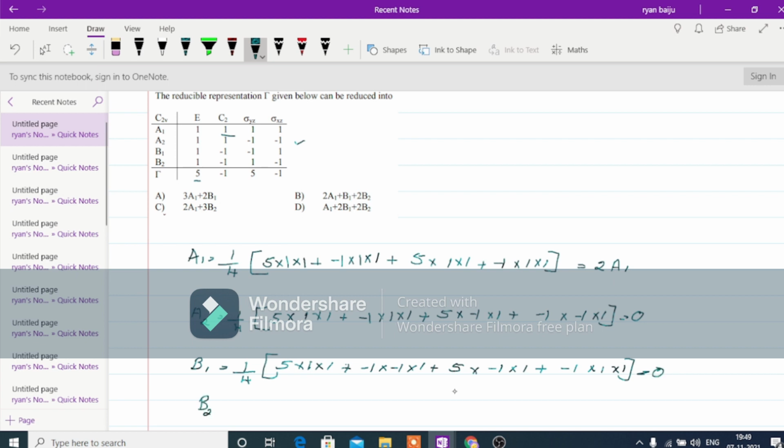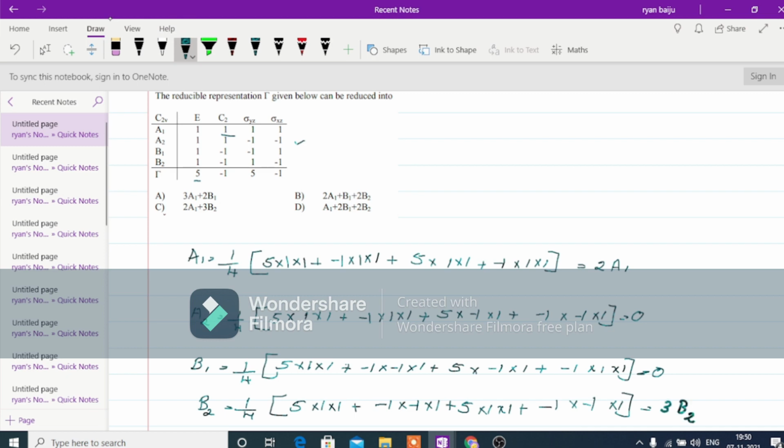Next B2 I am going to calculate, 1 by 4. 5 into 1 into 1 plus -1 into -1 into 1 plus 5 into 1 into 1 plus -1 into -1 into 1 equal to 3B2.